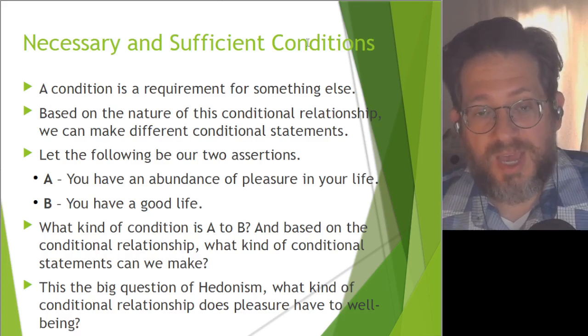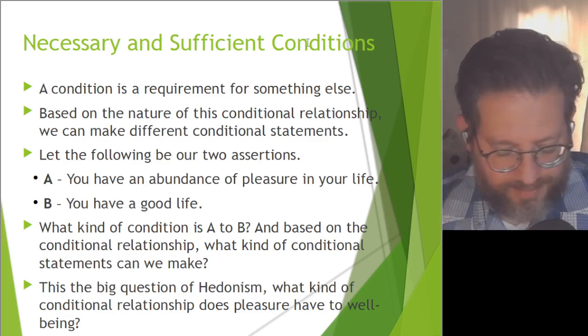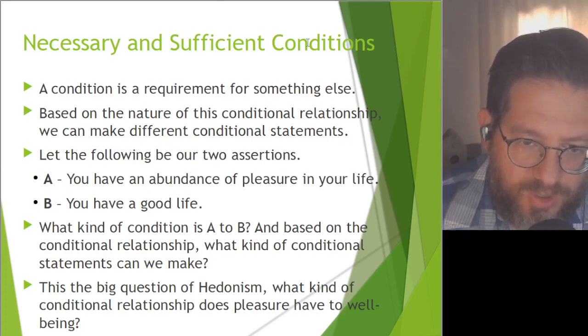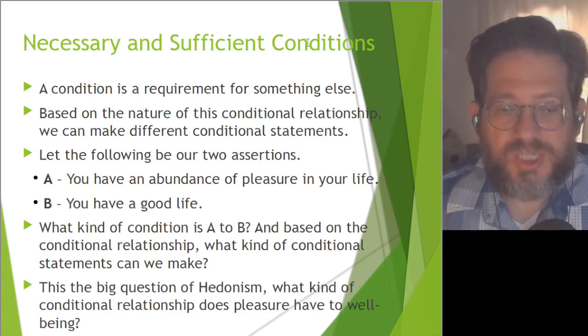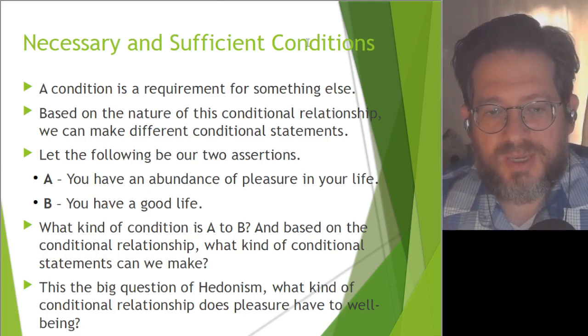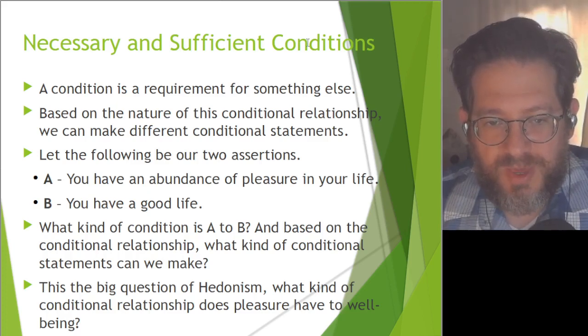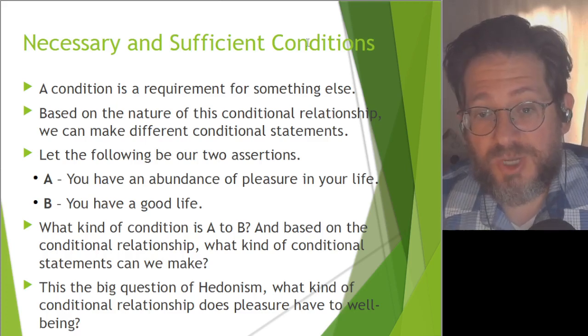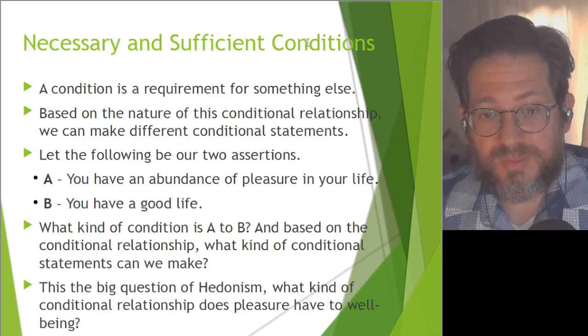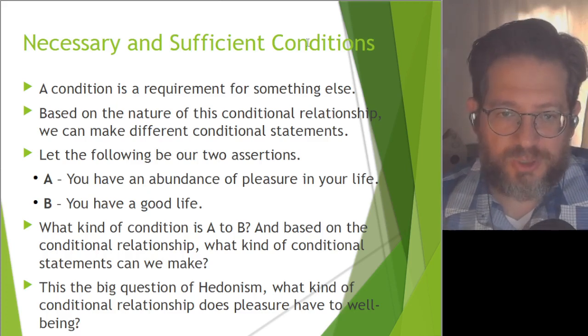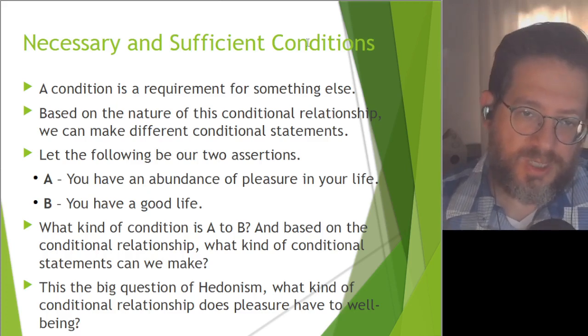But I'm also happy for you. Okay, so what kind of condition is A to B? And based on that conditional relationship, what kind of conditional statements can we make? This is actually a big question of hedonism. What relationship exists between having pleasure and having a good life, well-being?